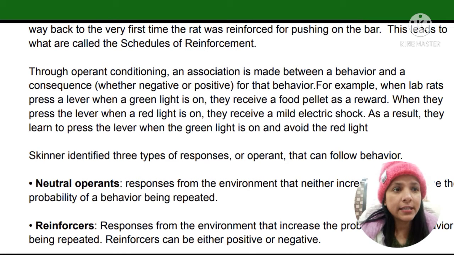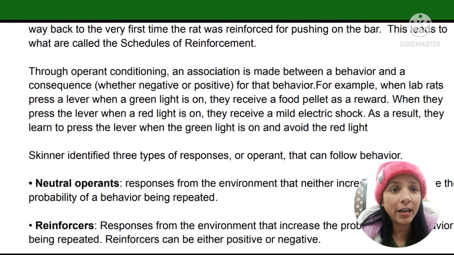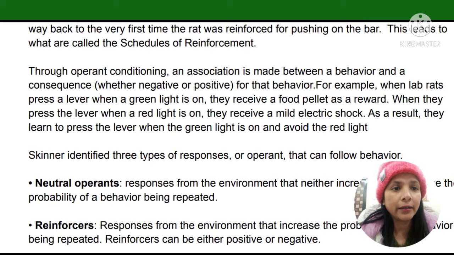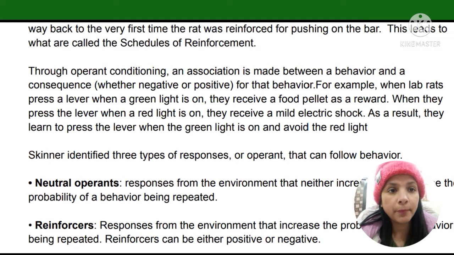So we have already understood this point: after many trials and errors, the rat came to know that it has to avoid the red button in order to avoid the electricity passing through that wire, and it always tried to press the lever when the green button was on in order to get the food.